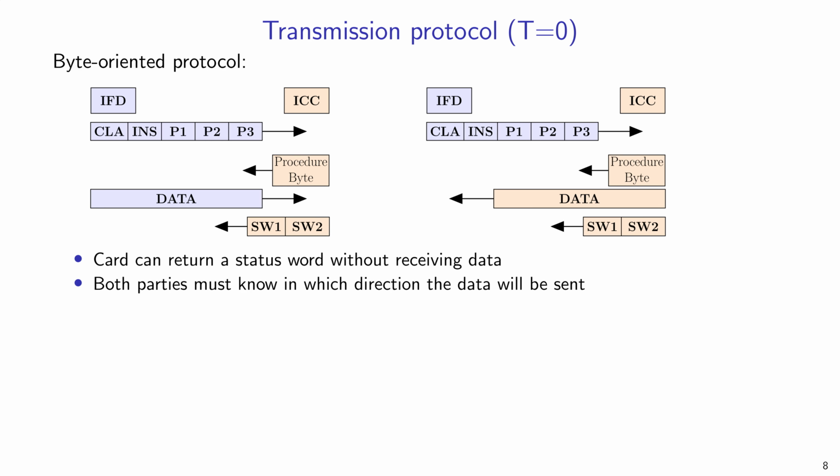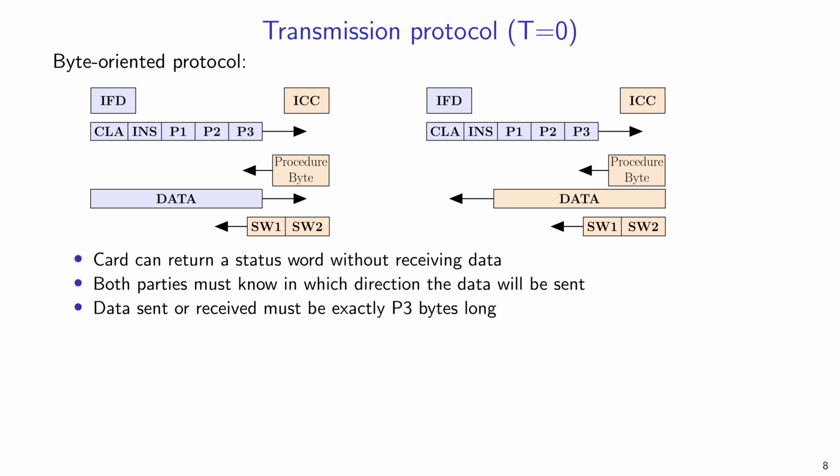Therefore, the data direction has to be determined by the APDU command itself. For example, one type of commands may be used to send data to the card, while another type to read data from the card. Also note that the data sent or received must be exactly P3 bytes long, because the P3 byte is used by the receiver to determine when the sender has finished transmitting the data.